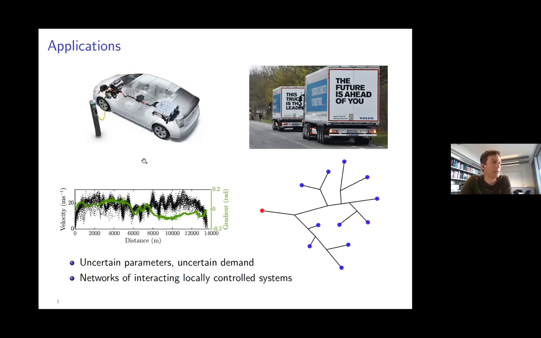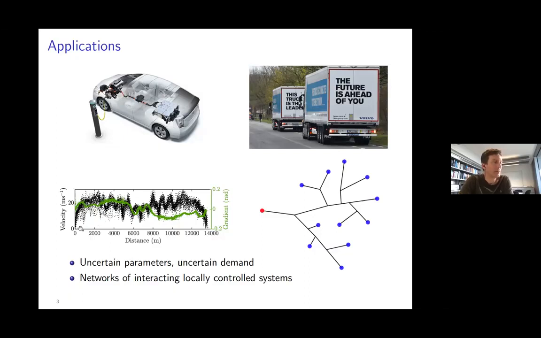So a couple of examples here. Firstly, looking at energy management for hybrid electric vehicles, we need to know the future power demand on the vehicle in order to optimize the power split between the different energy sources on board the vehicle.